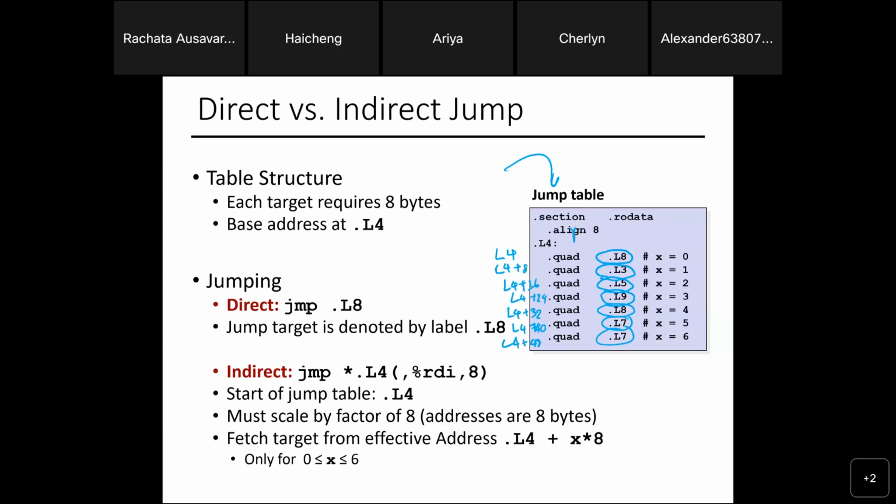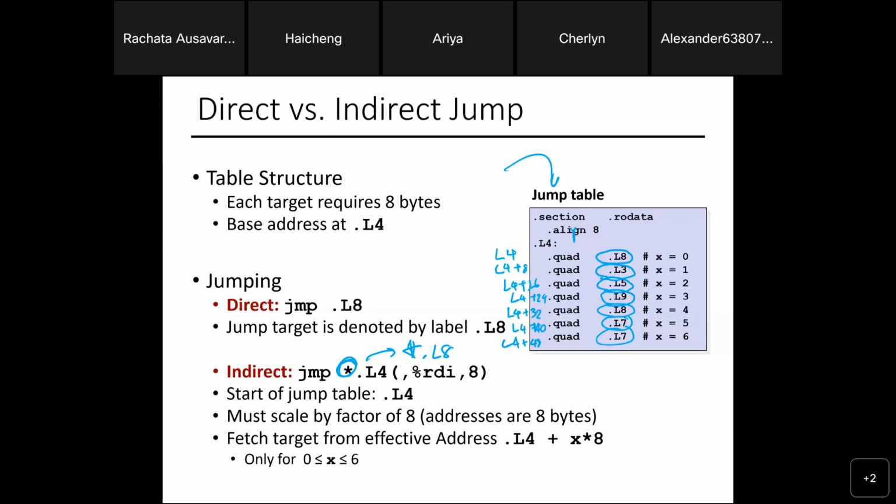If you remember, an indirect jump has a star at the beginning. This is jump to star .L8. You dereference and you see, okay, that's the address. You now jump to L8. So if X is equal to 0, you jump to L8.